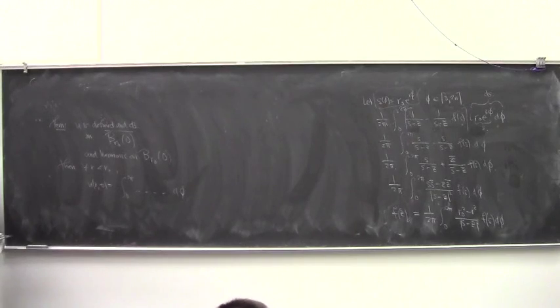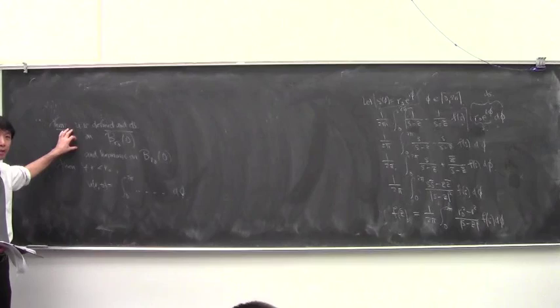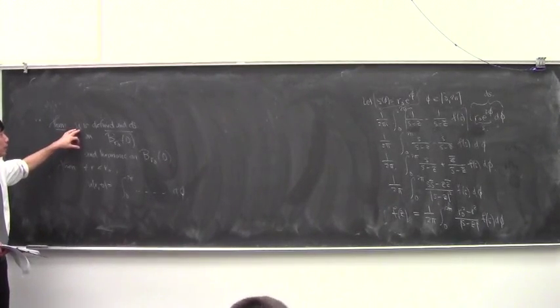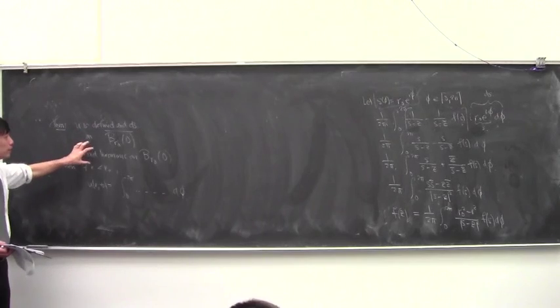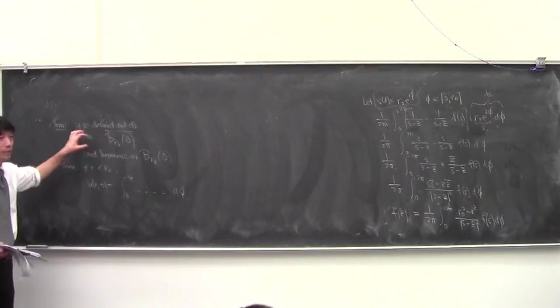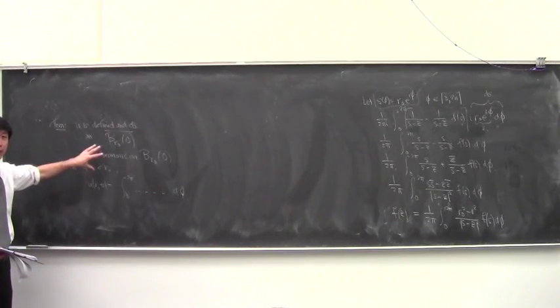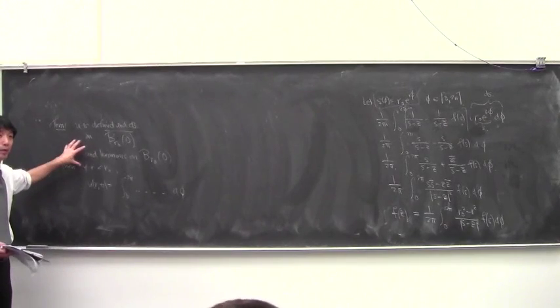The only thing I want to say about this is that this is actually slightly stronger than what we showed. In the sense that what we assumed was that u was harmonic on a disk that was bigger than this, and they're assuming that u is harmonic only on the interior and continuous on the boundary.